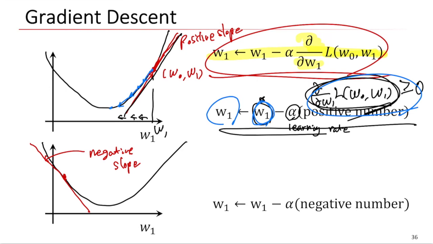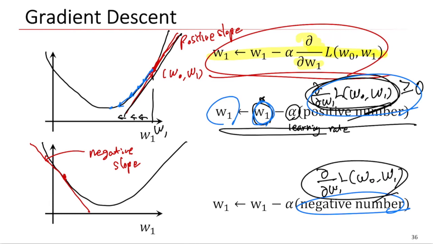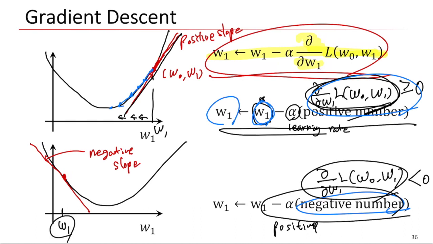Okay, so in this case, the gradient of this loss function should be negative, right? So in this case, this value will be positive, right? So in this case, this parameter should be increased, right?